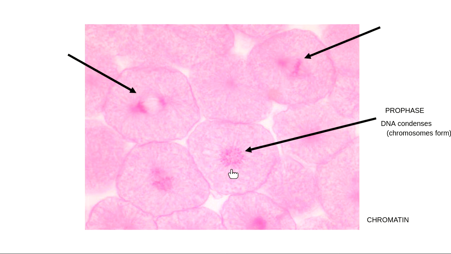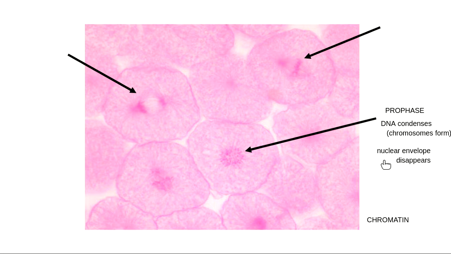What do I lose at the end of prophase? Do we remember? Yeah, the nuclear envelope. Yep, so nuclear envelope, or sometimes it's called the nuclear membrane. The nuclear envelope disappears. That's the second thing that happens in prophase.